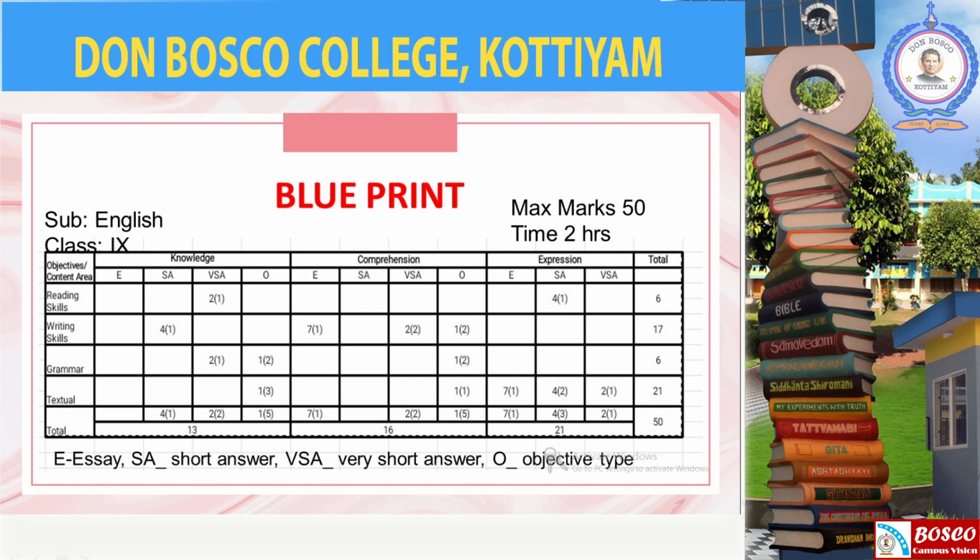Here knowledge is divided into E, S, VSA and O. E suggests essay type question, S suggests short answer type, VSA suggests very short answer type and O suggests objective type.